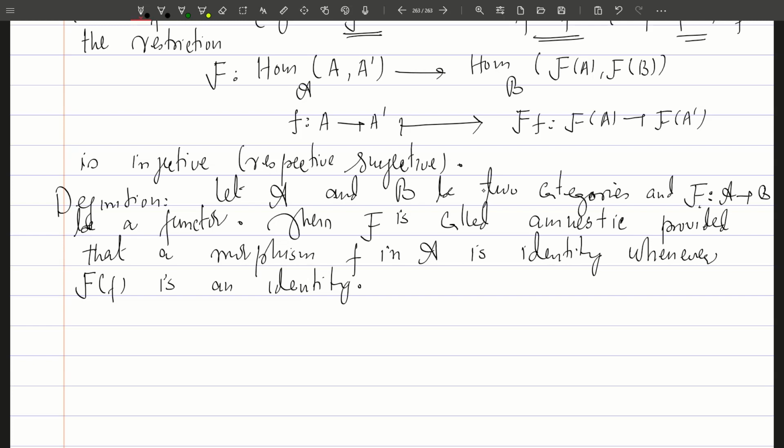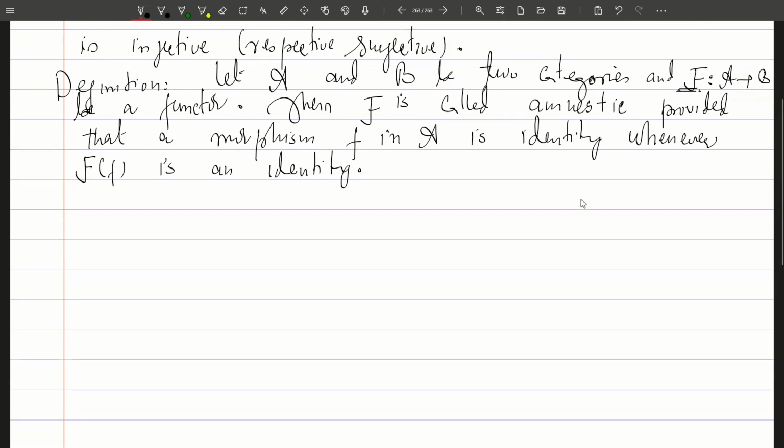So then we say this script F is the amnestic functor.